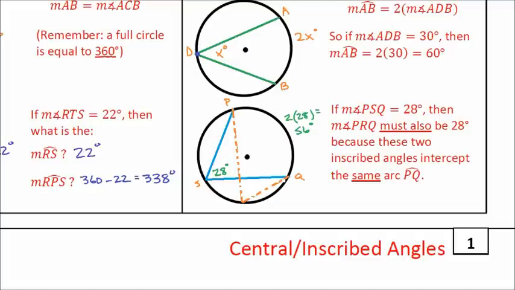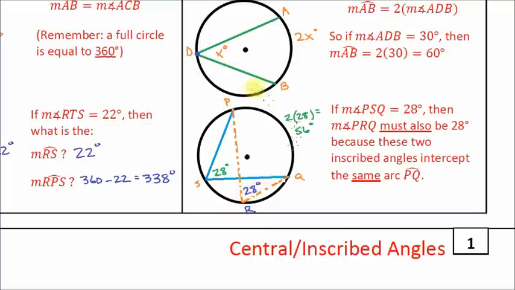Now take a look at this, class. Let's label this inscribed angle with a letter R. If this inscribed angle PRQ cuts out the same piece of our circumference as the inscribed angle PSQ, then we know that angle PRQ has to also be 28 degrees. And the reason why is, think about this.